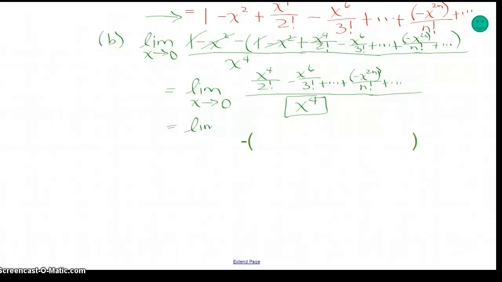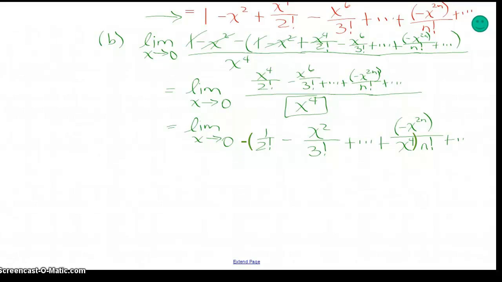So this limit cleans up to the limit as x approaches 0 of 1 over 2 factorial, x to the fourth divided by x to the fourth, minus x squared over 3 factorial plus dot dot dot plus, and then I could just put x to the fourth times n factorial.